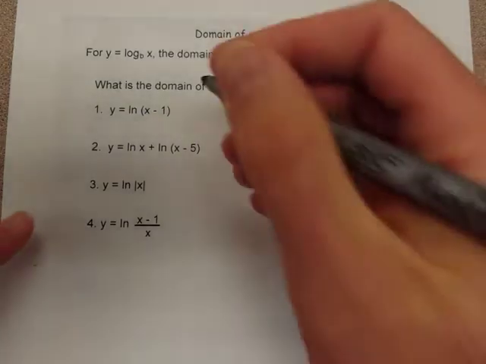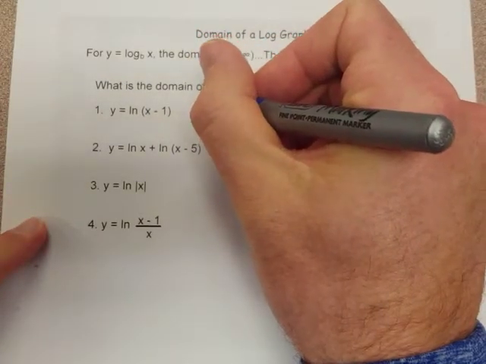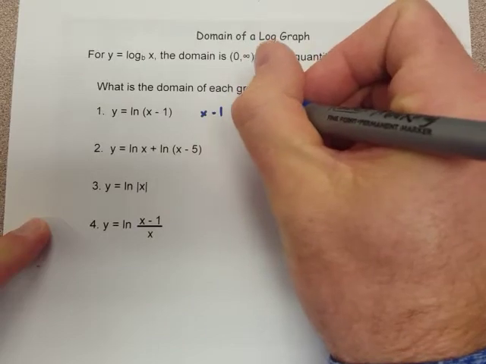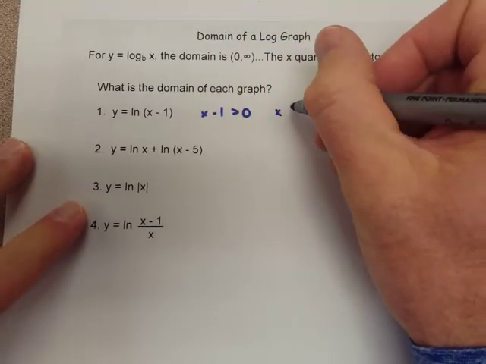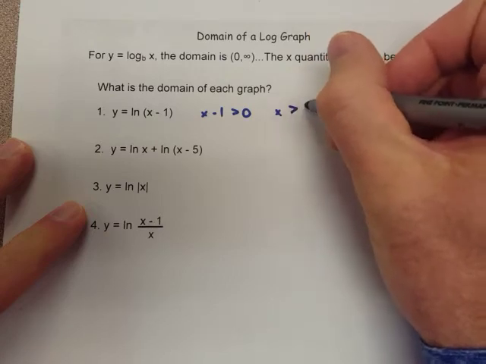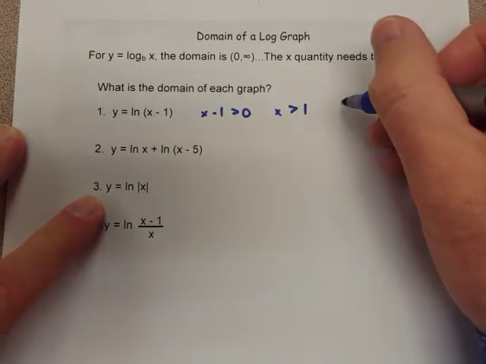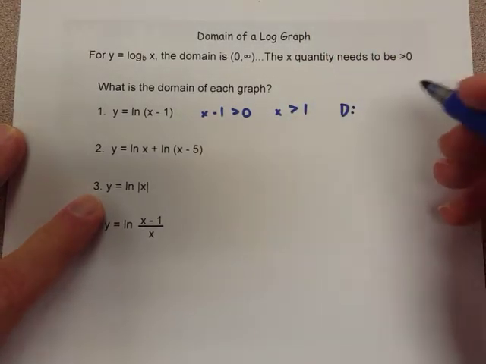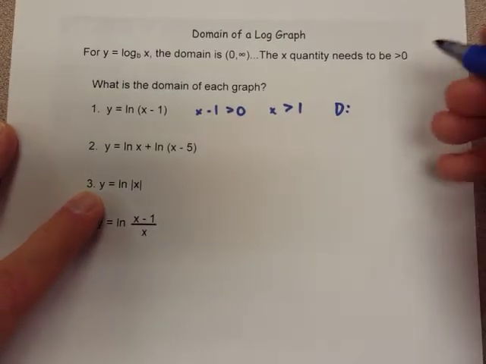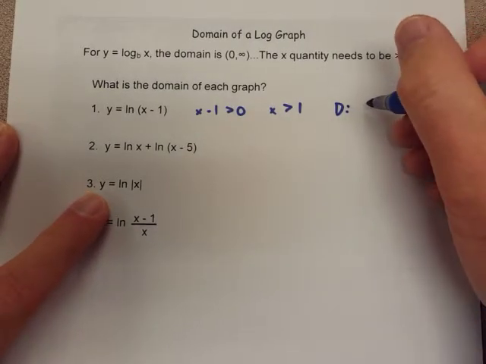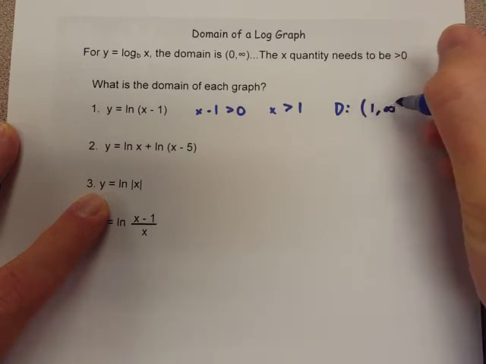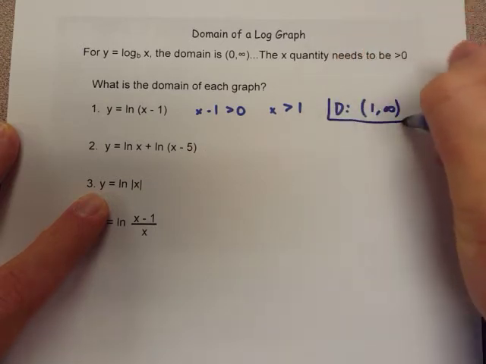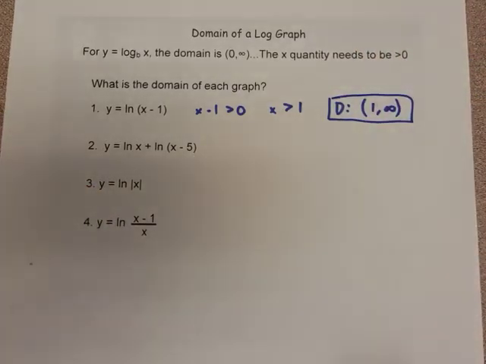So all we're going to do is say x minus 1 is greater than 0, which is the same as saying x is greater than 1, which when we're stating domain, as we have done in the past, we're going to put the domain in interval notation. So that means here 1 to infinity. So that's our domain for this first one.